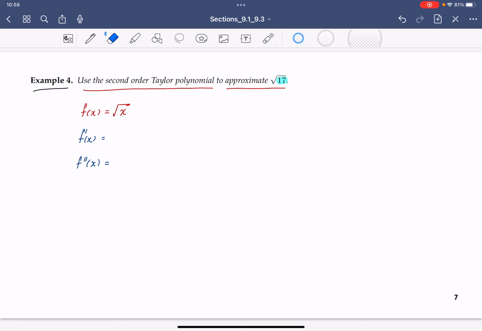I'm trying to think what is the purpose that I put this question here, because I cannot remember. But to approximate square root 17, for example, you can do x plus 1, so that should be 15.